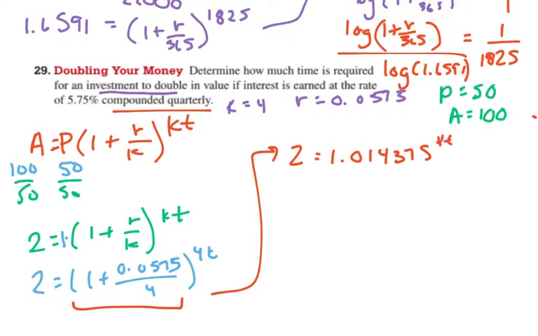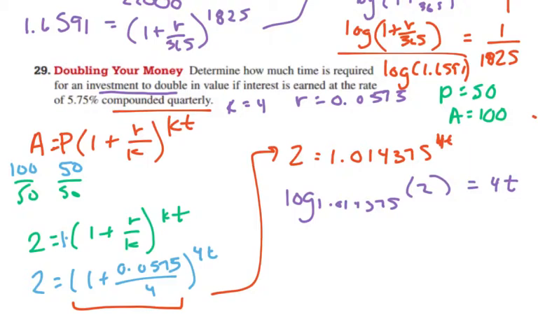To the 4t. So to solve, since we have an exponent, let's take logs. Why not switch it up? We'll take natural log. We'll rewrite in log form. So log base 1.014375 of 2 is supposed to equal 4t.